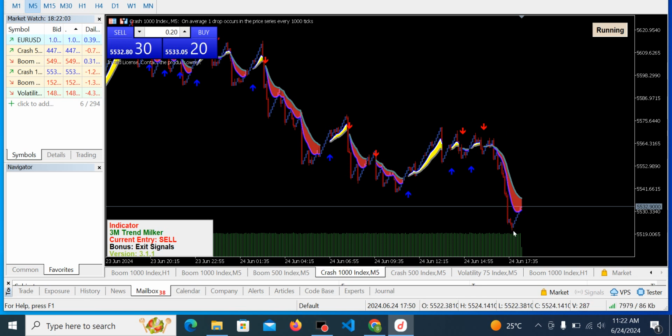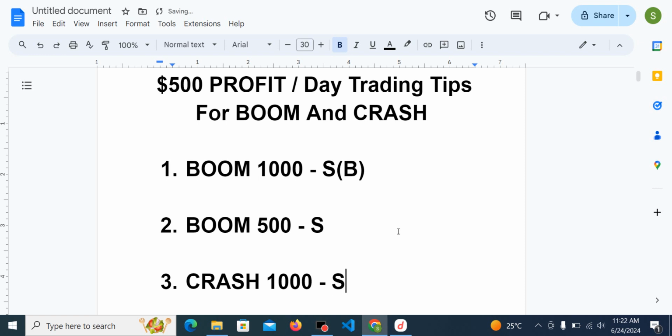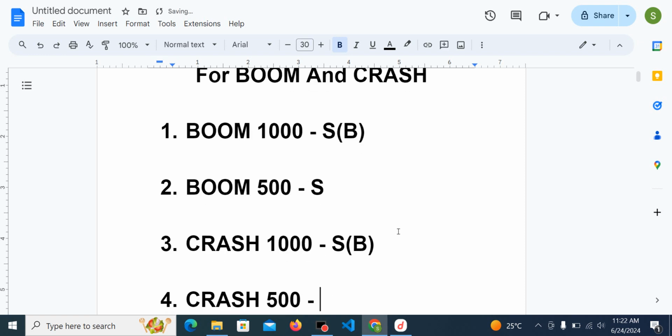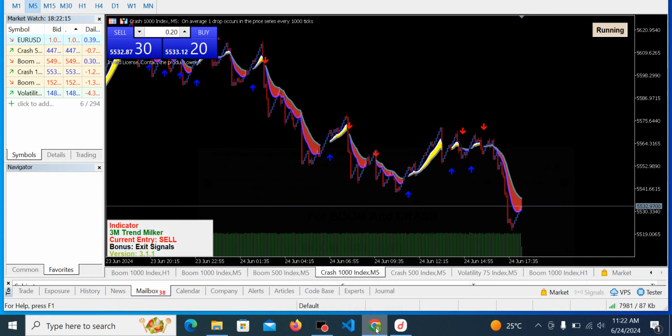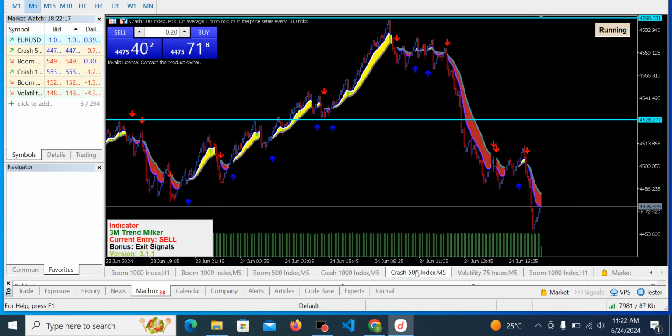If it's unable to break out below the support zone, it will go back on an uptrend. So this is still selling at the moment. This might not be for a very long time before it changes direction into a buy trend, most especially if it's unable to break out below the support zone. So we should take note of that, but wait for the signals to show up before you go fully into an uptrend.